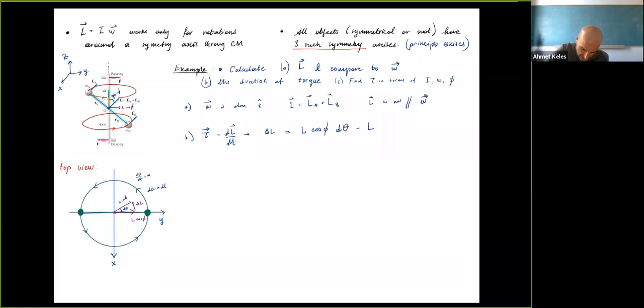So let's put this in: L cosine phi omega dt. Then dL dt, which is equal to torque, is equal to L omega cosine phi. And at least at the moment this picture is taken, it is pointing into the page.